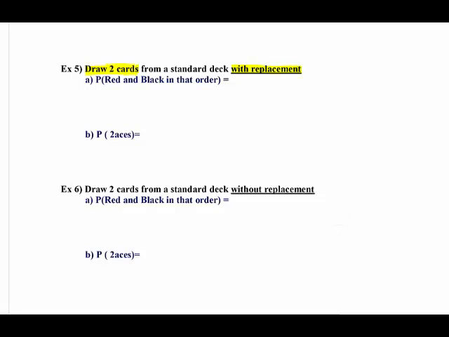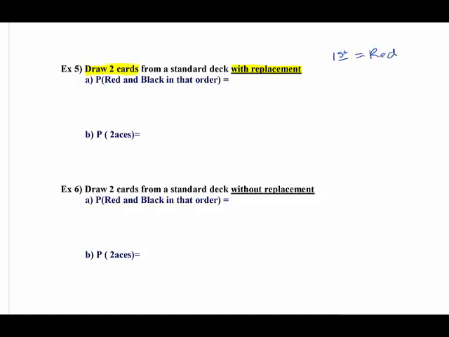So this means I'm going to pick the first card from the deck. I'm going to look at it. I'm going to put it back in the deck, because that's what replacement means, and then draw the second card. So again, I'm going to write out the formula the pure way it is. So in words, the first card, we want it to be red.